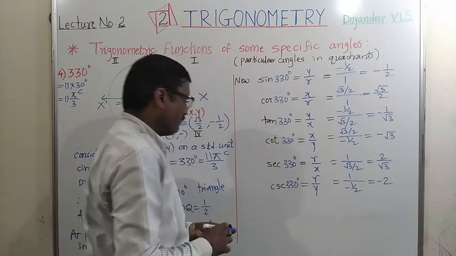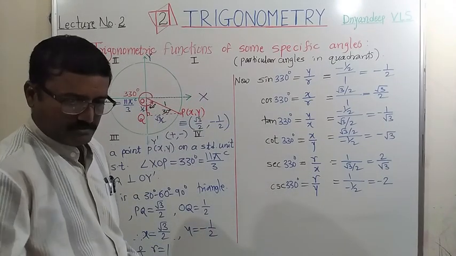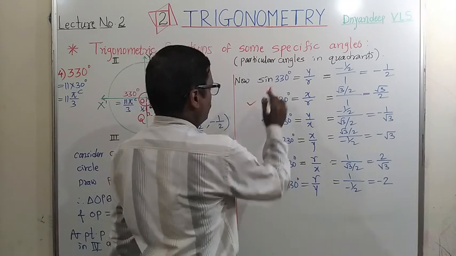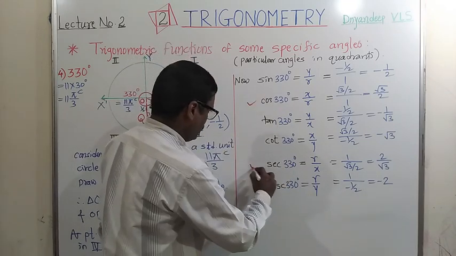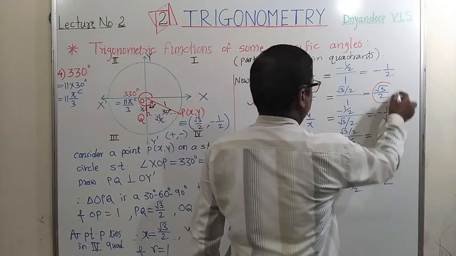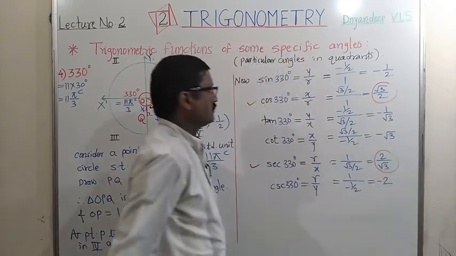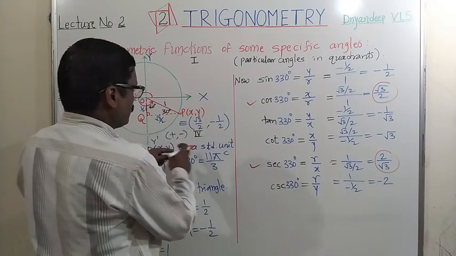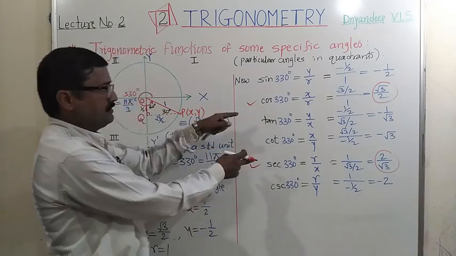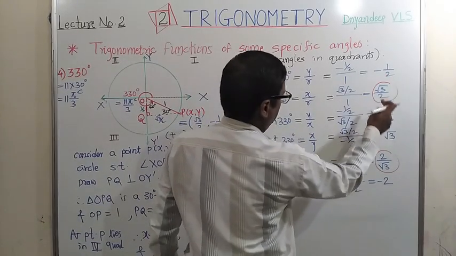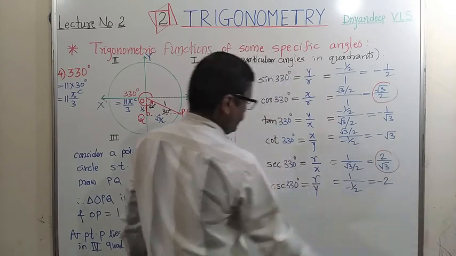Now if we observe the values of all trigonometric functions, then cos 330 degree and sec 330, only these two are positive, root 3 upon 2 and 2 upon root 3, because in the fourth quadrant cos and sec are positive. The remaining are negative: negative half, negative 1 upon root 3, minus root 3 and minus 2.